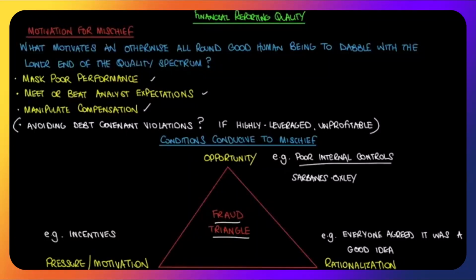Because if controls are good enough, you should not have the opportunity. If they're not, there is the opportunity. If there is also pressure, so maybe incentives, maybe to meet your target, maybe not your personal target, maybe the board are putting pressure on you to meet targets. And the rationalization. Everyone agreed it was a good idea, so I'm doing it as well. The corporate culture. The board is nudging you, making subtle suggestions that you need to meet your target in any way you can.